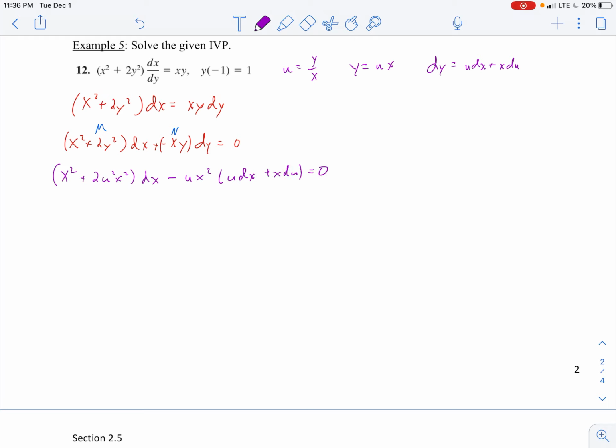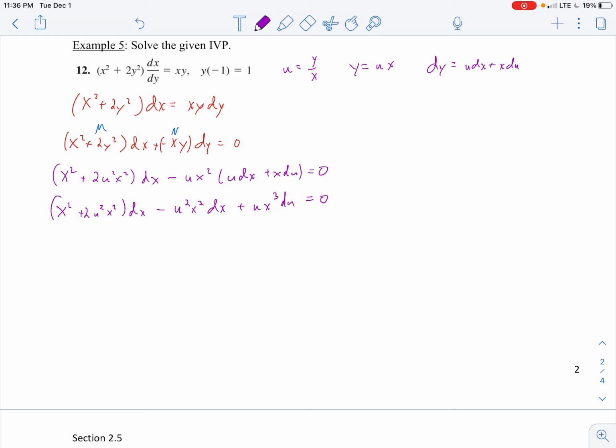That's equal to 0. So on the left-hand side, I'm going to get x squared plus u squared x squared dx. And on the right-hand side, I'm going to distribute, so u squared x squared dx plus ux cubed du, and that's equal to 0. I'm going to put all my dx's on the same side.